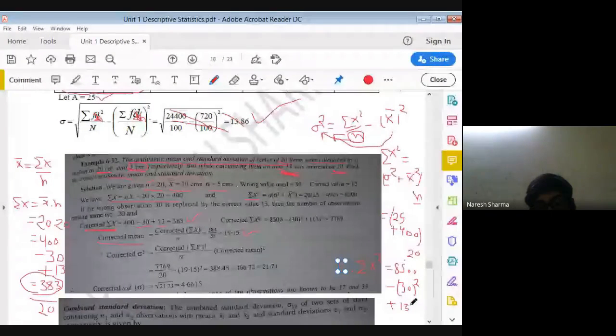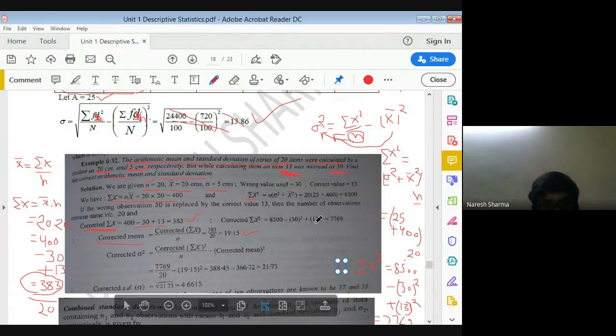Hope you get that. So we add 13 square. Once you do this, minus 900 plus 169, you get the correct summation x square, that is 7769.